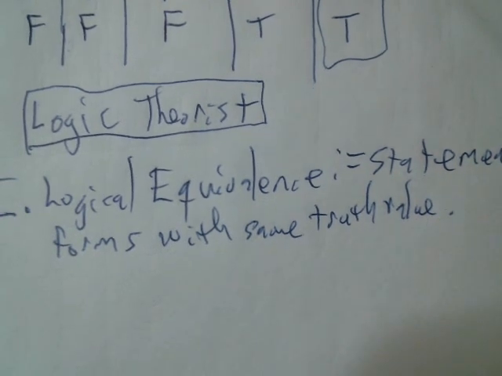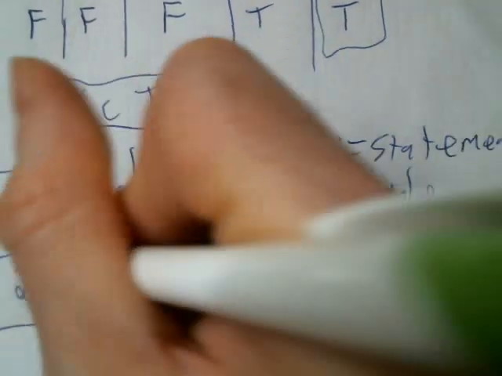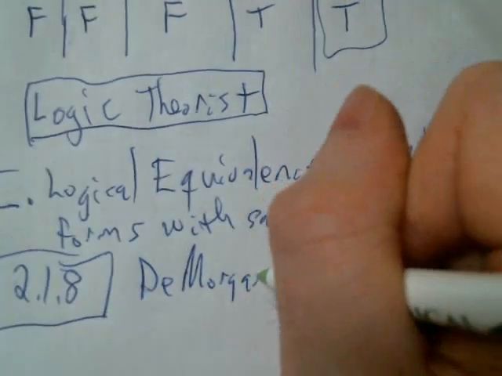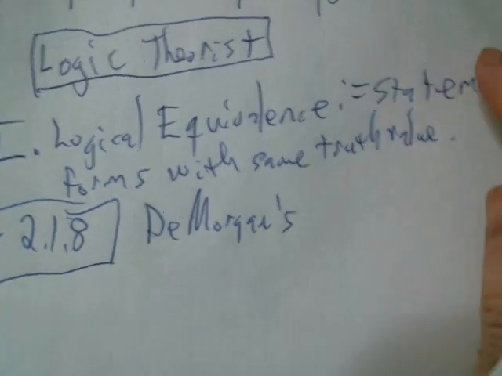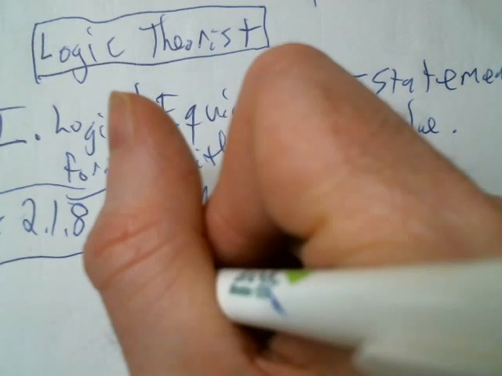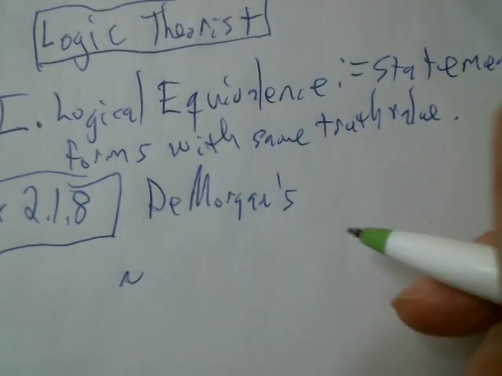Okay, so the first one is one of the most important ones we'll look at, De Morgan's law. There's a table in the book, one of the theorems at the end of this section, that lists all the different laws that you need for equivalences. De Morgan's is one of them, and it's like a distribution of a negative sign.